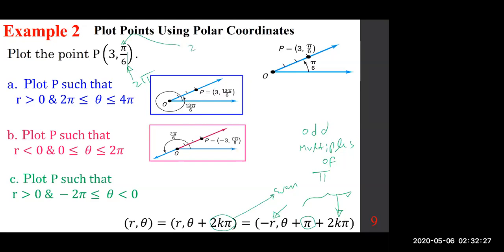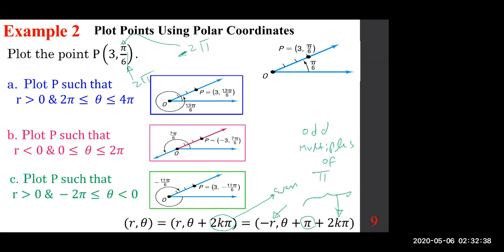Subtract 2 pi. Subtract 2 pi. So you get the same number, r is 3. And then pi over 6 minus 2 pi is -11 pi over 6. Again, the purpose of this question is to let you know there are infinitely many ways to represent a pair with polar coordinates.